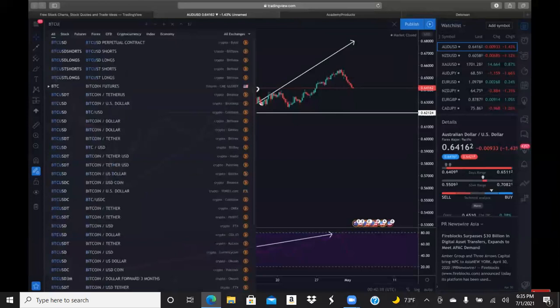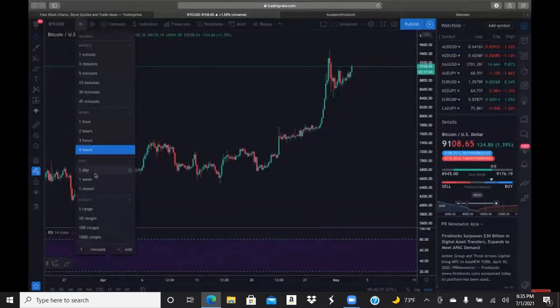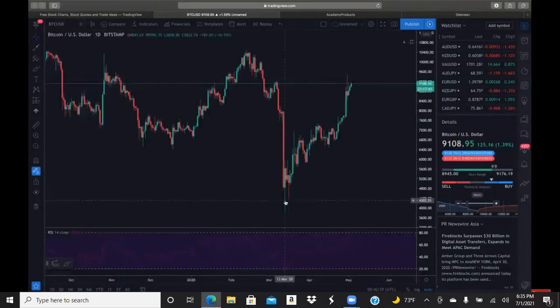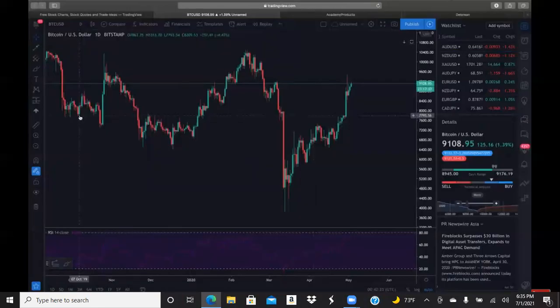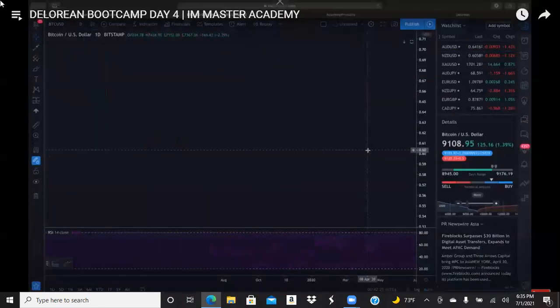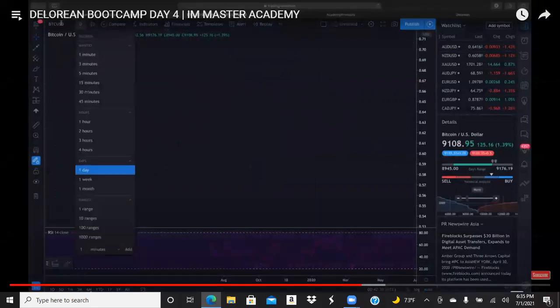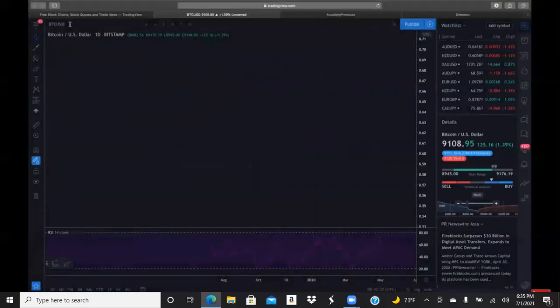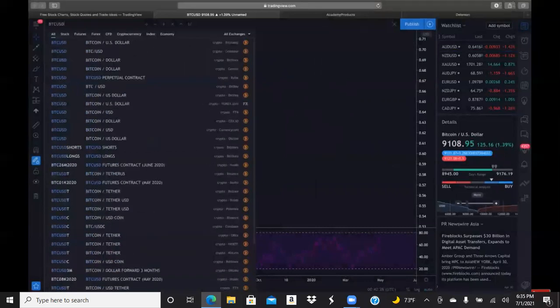Everybody's heard of Bitcoin. Whether you trade it or not, that's totally up to you. But let's go to, for instance, a daily chart of Bitcoin. By the way, I'm doing this on a rip. I have not done this. I don't know what just happened. Let's use Coinbase.